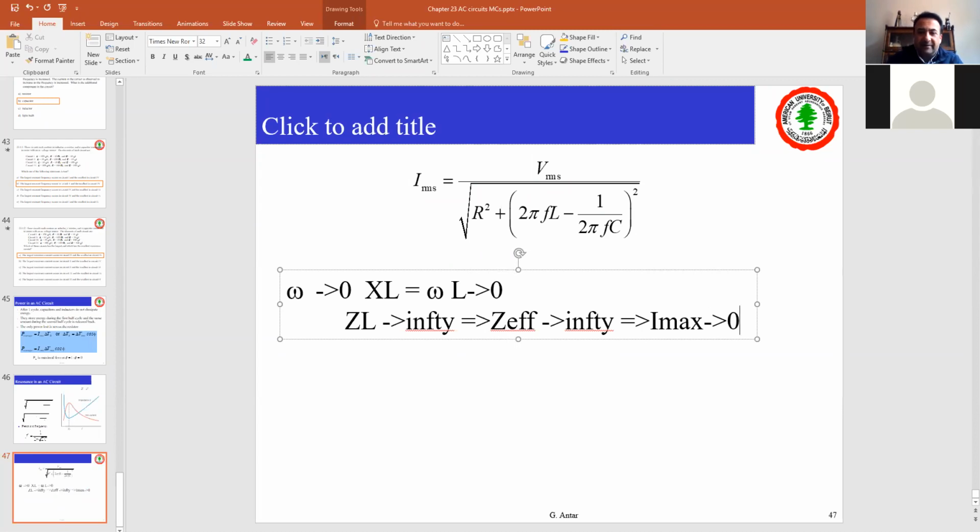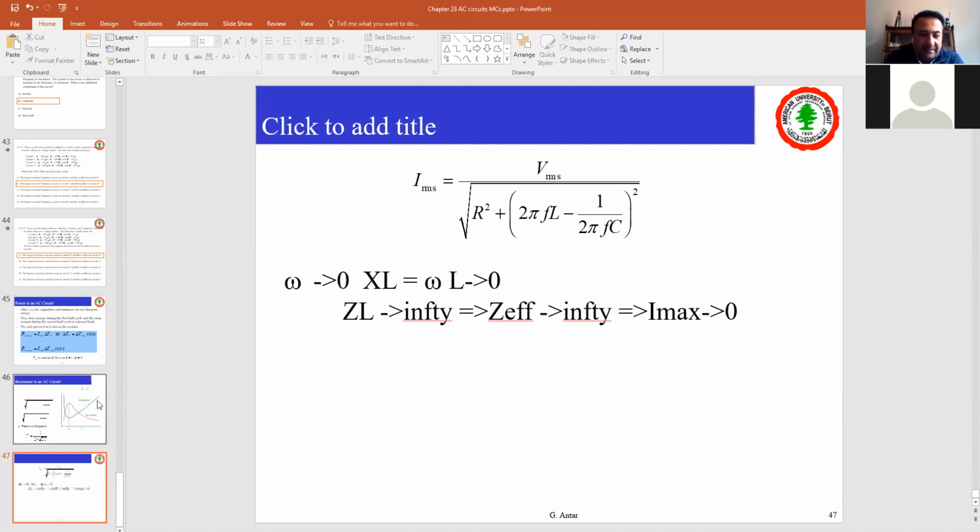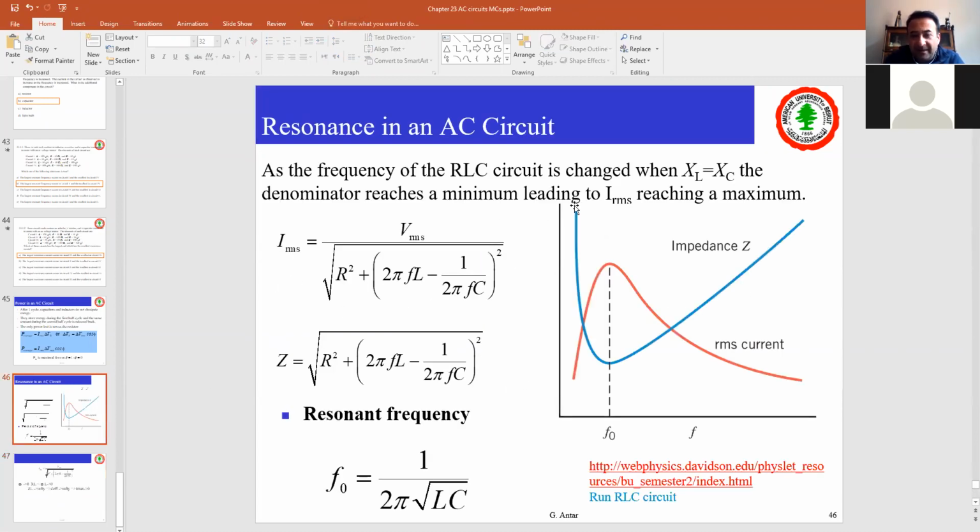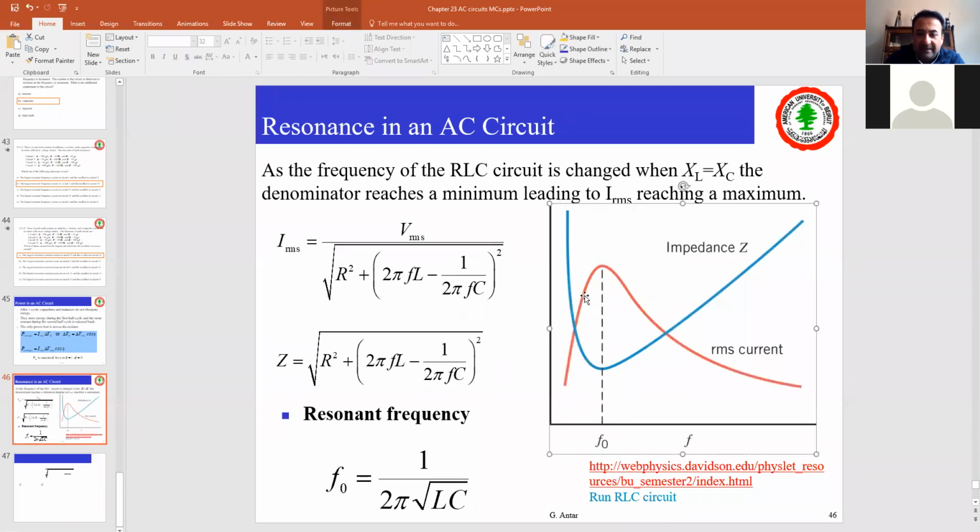Right? Okay. Now let's take a look here. So this is my impedance, the blue curve, okay? And the red curve is the current. So what you see is that when omega tends to 0, the left-hand side here, then Z tends to infinity, and my I tends to 0.